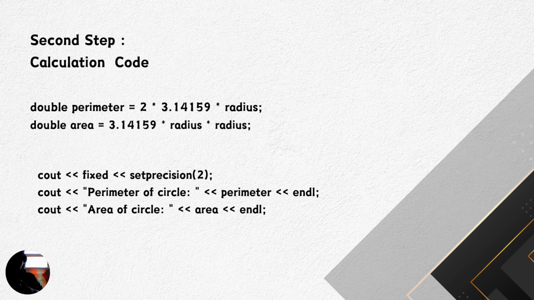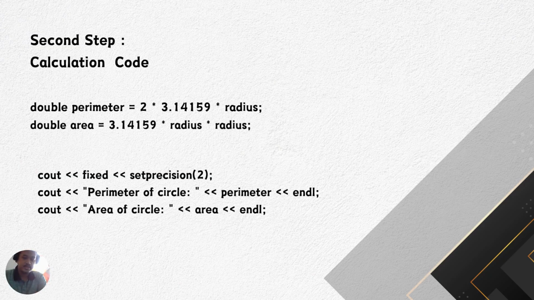Because we're calculating the perimeter and area of the circle, we will use these particular formulas. For the perimeter, we use 2 multiplied by 3.14159, or pi, multiplied by radius, and the area is pi multiplied by radius multiplied by radius. The code will take the radius from the input in the previous slide and calculate it.